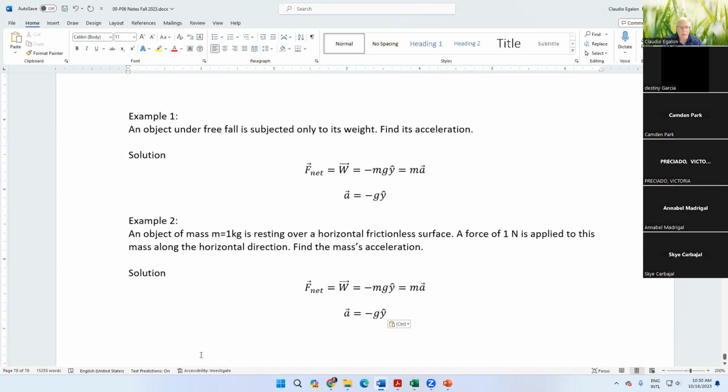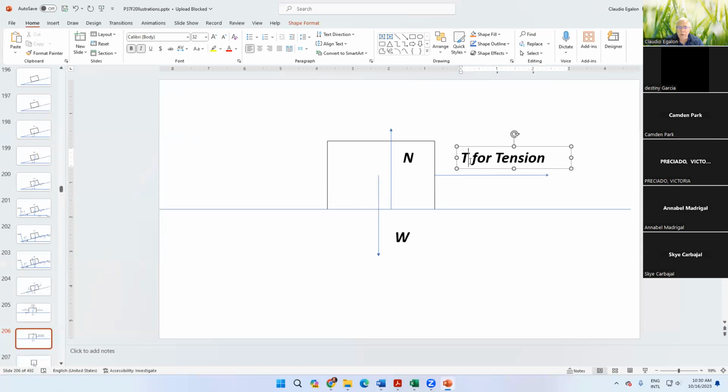So we have this net force. I'll call that force F instead of T for tension here.